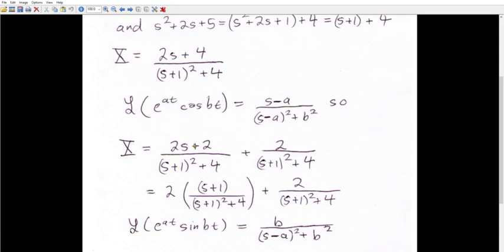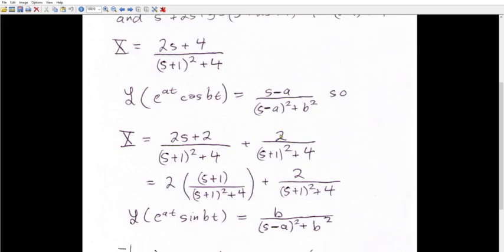We need this top to be a multiple of s + 1, which is why we take 2s + 2. We take 2 of those, and there are 2 left over.